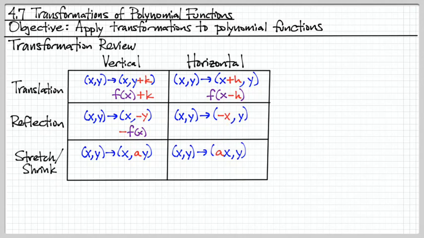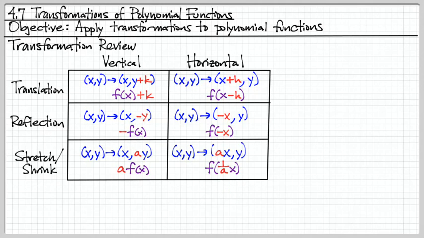For a reflection horizontally, we need to do it on the inside of the function, f of negative x. Vertical stretches, we're multiplying the output y by a, so a times the function f of x. And then for horizontal, 1 over a times x gets fed into the function.